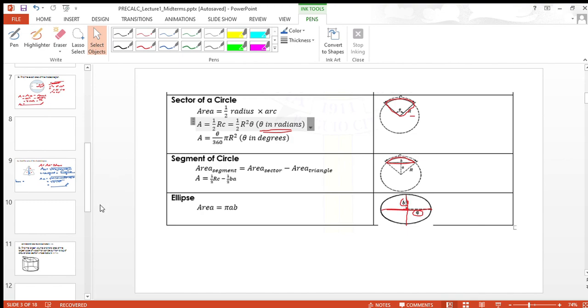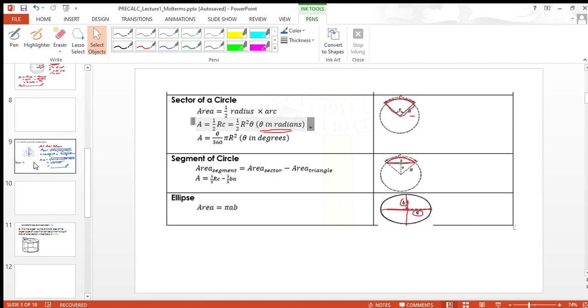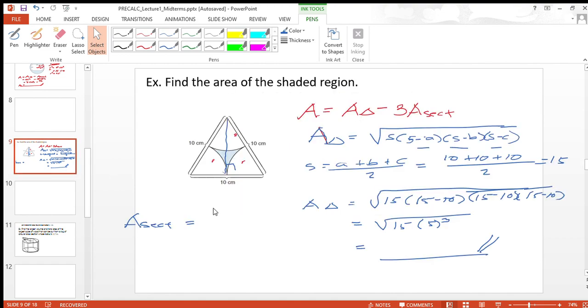It's pi over 360. What will now be your area here? Area of a sector is 1/2 r squared theta, where theta will be this angle here, and this will now be your r. And what's your r?